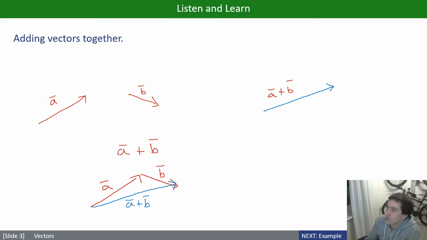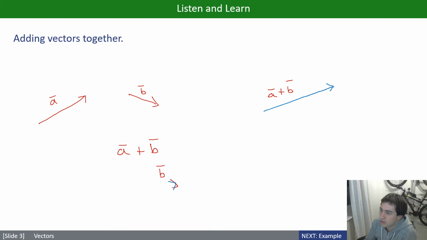We haven't used any numbers, but there should be a geometrical understanding here. And if I were to do this in the other order, so let's say I'll do B first and then A, hopefully you can convince yourself this makes sense in your own notes. So B plus A, let's do B first followed by A, and I'm doing it a bit freehand, so hopefully it's about right.